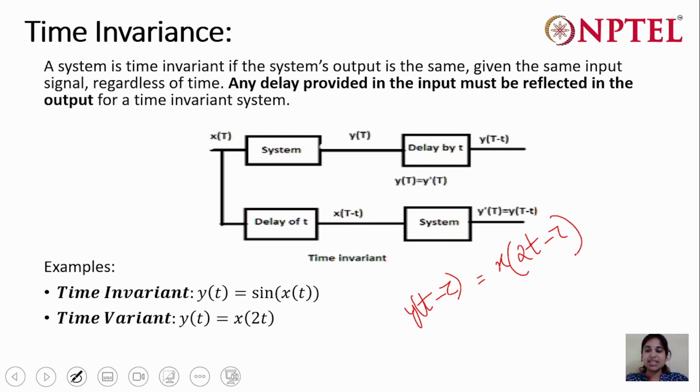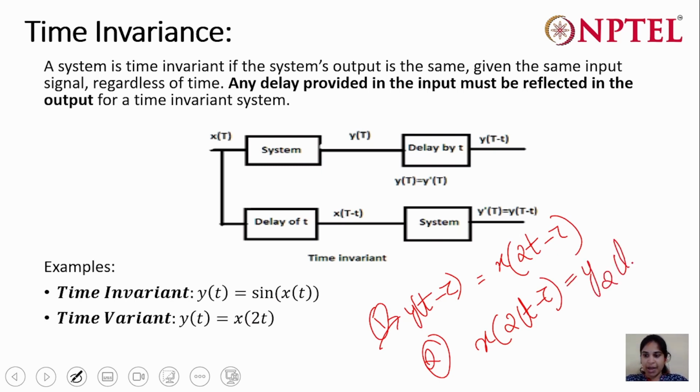Correct? This is directly delaying the output. Second thing is, now I am delaying the input. So instead of x of t, I am giving x of t minus tau. So I am giving a delayed input, so that will be x of 2t minus tau. And this is the output for the second case. I am delaying the input and giving it to the system. The other is directly delaying the output. If you see, these two are not the same. So this system is a time variant system.